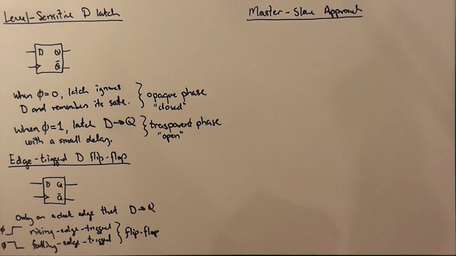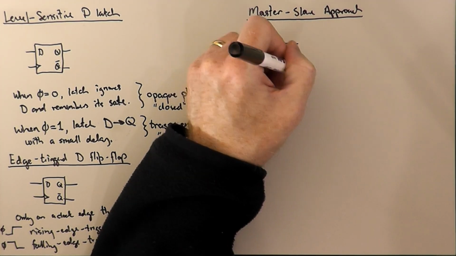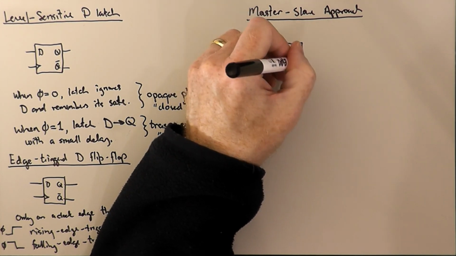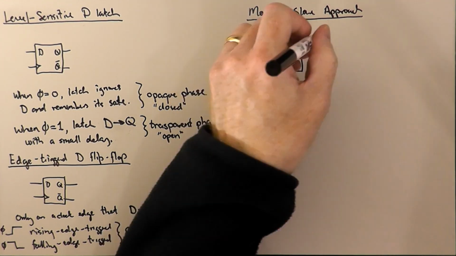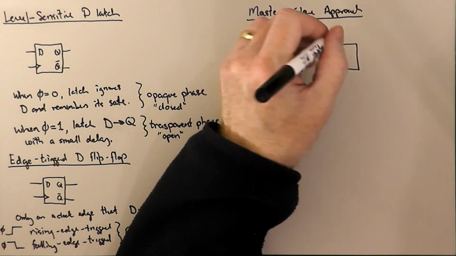The basic idea here is we're going to have two transparent D latches, with the clock inputs connected together in cascade.